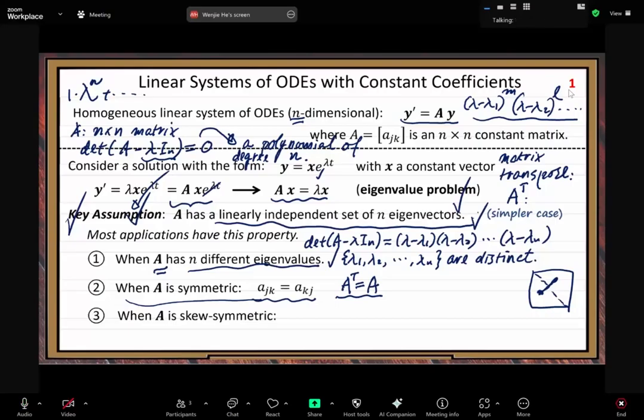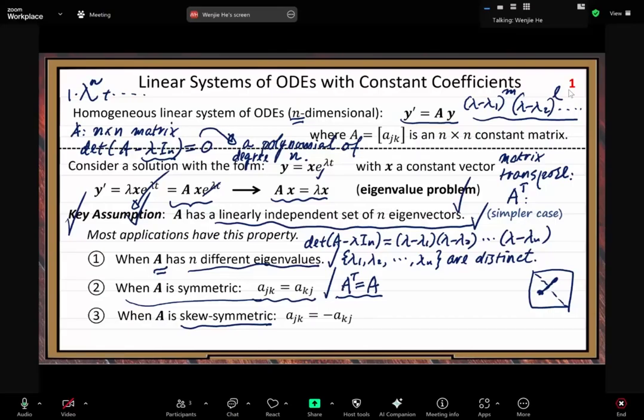All right. Number 3, skew symmetric. Slightly different. Skew means negative. So this is the same but with a negative: A sub jk equals negative A sub kj.